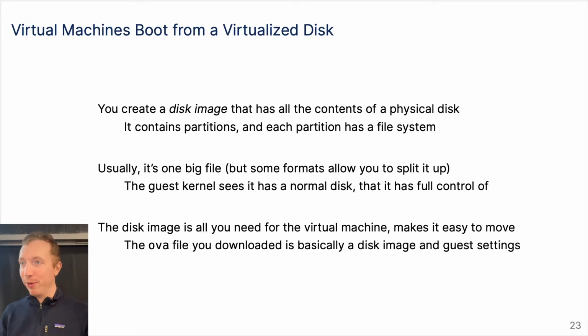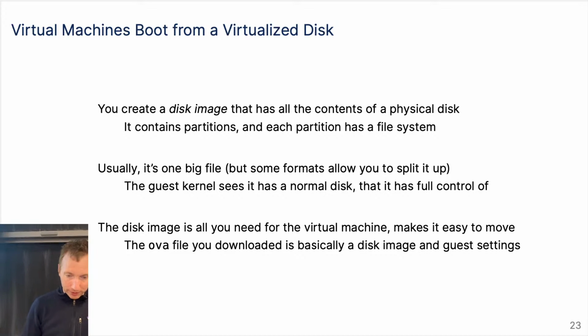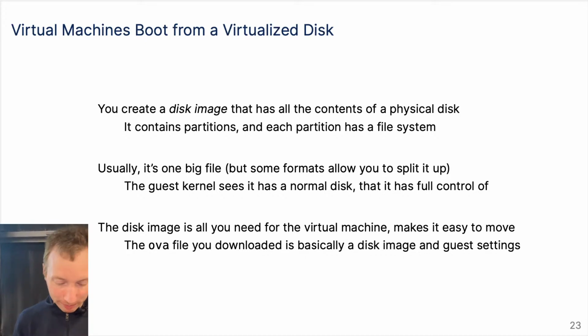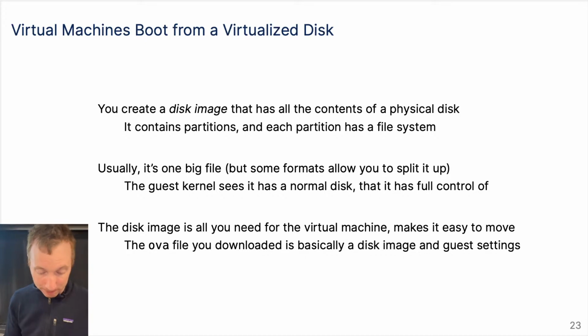They're just going to get slower because there are more translation steps. For some of the lab stuff where I'm testing other stuff that's running on RISC-V, I'm using my Mac to virtualize Linux, and then Linux is translating it to RISC-V and virtualizing that. So I'm like 3 layers deep in virtualization. But yeah, for this, all you need is a disk image for a virtual machine. Makes it real easy to move.